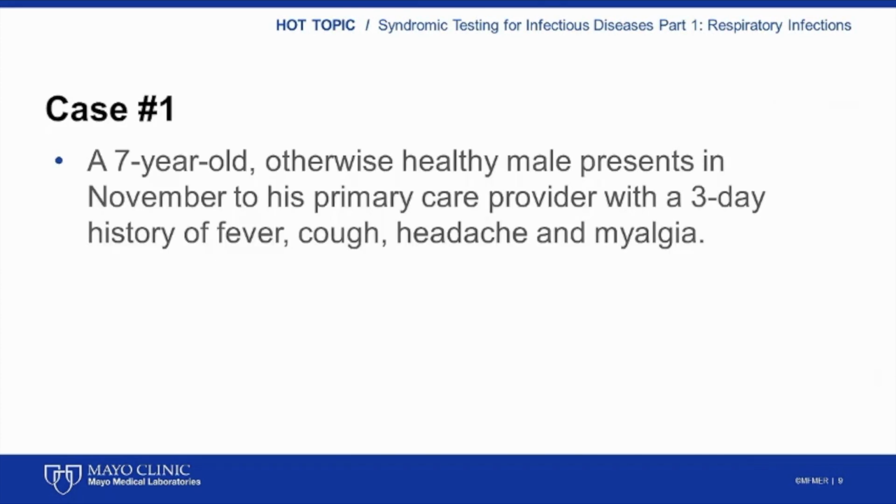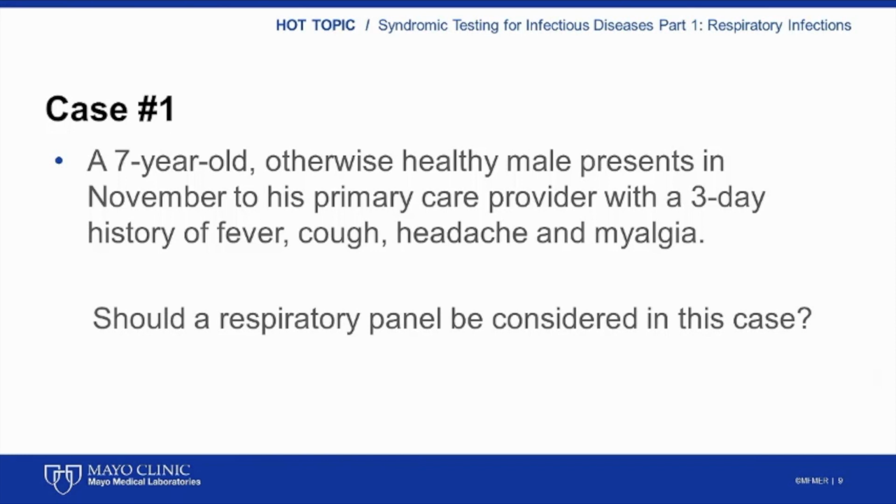In the first case, a 7-year-old, otherwise healthy male presents in November to his primary care provider with a 3-day history of fever, cough, headache, and muscle pain. This patient definitely appears to have a respiratory illness, but the question arises, should a syndromic respiratory panel be considered in this case?